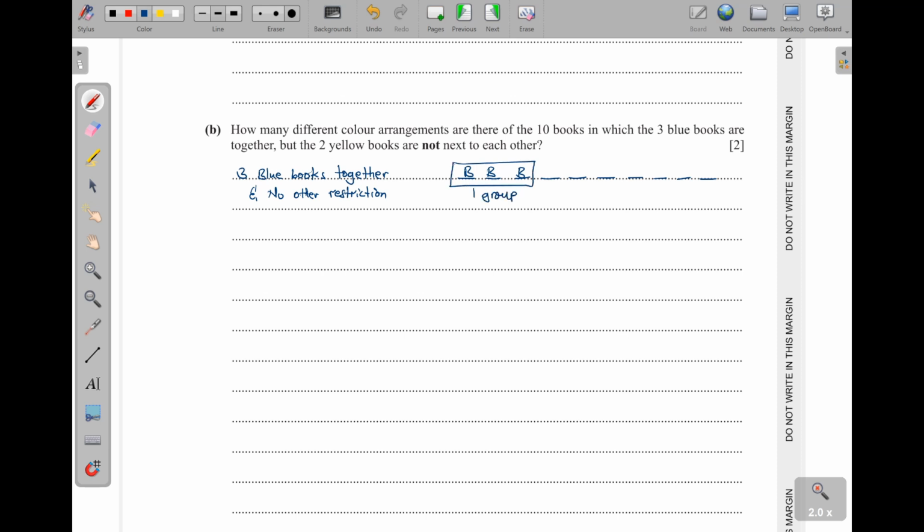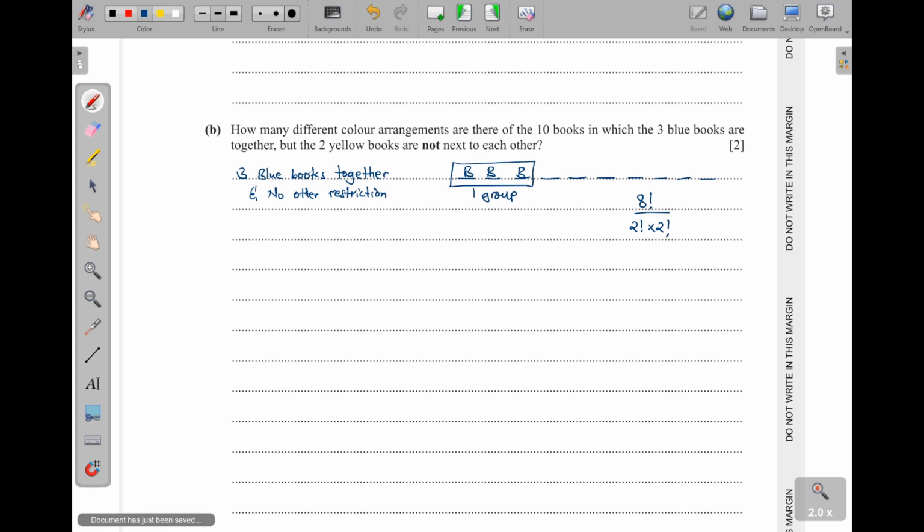And then if it is one group, that means we have 1, you take this one as 1 later, 2 3 4 5 6 7 8. So we shall have 8 factorial. But then in here we have 2 yellows, and we also have 2 reds. So meaning we shall divide by 2 factorial times 2 factorial.